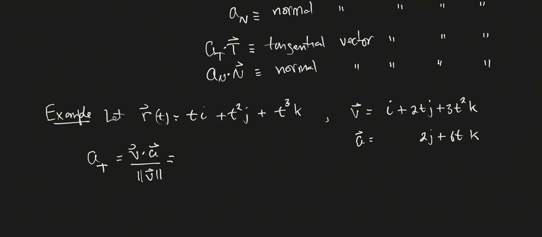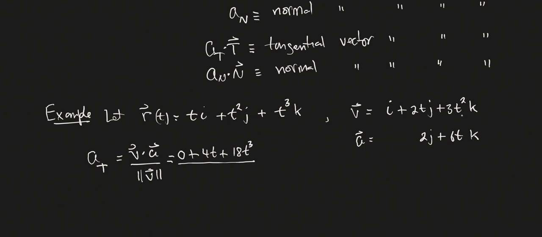So v dot a, well, this will be 1 times 0, so that's 0, plus 2t times 2, so that's 4t, plus 3t squared times 6t, that will be 18t cubed, right? So that's going to be my numerator, and then the denominator is going to be the magnitude of v.